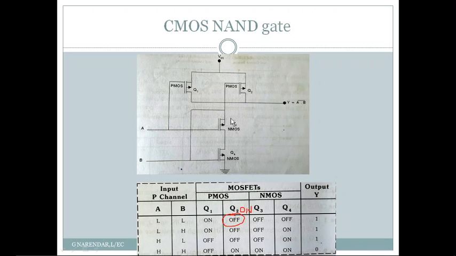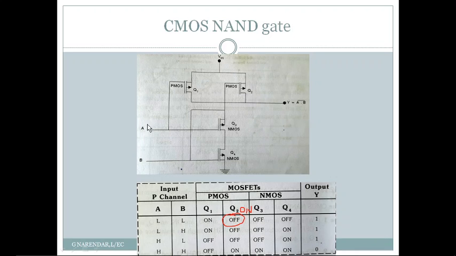And here also you again see that the output, which is connected to the drain of Q2, which is on, is pulled high to VSS through the on resistance of Q2. Since Q2 is on and Q1 is off, the output is pulled high to VSS through the on resistance of Q2. So in this case also the output Y equals 1.